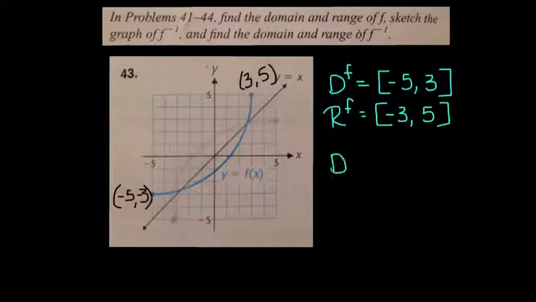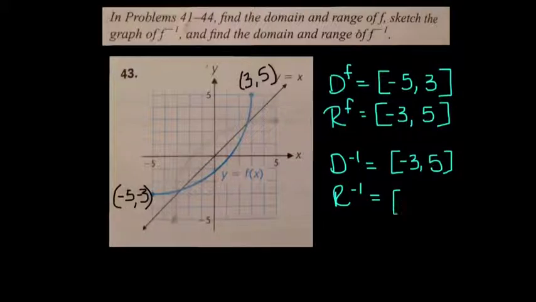The domain and range of my inverse I can quickly calculate. The domain of my inverse is simply the range of my original, so the domain of the inverse goes from negative 3 to positive 5. The range of my inverse is going to equal the domain of the original, so the range of the inverse simply goes from negative 5 to positive 3.